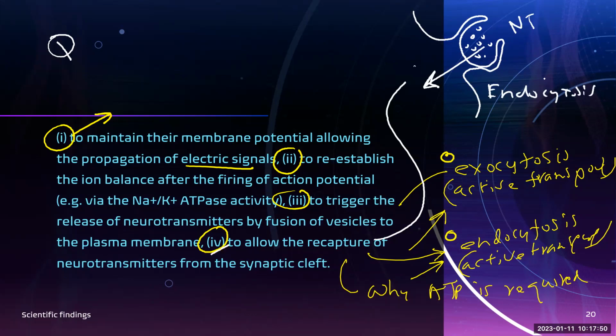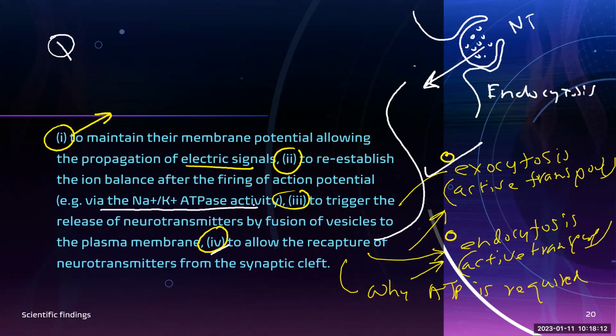So this one is endocytosis, and to trigger the release of neurotransmitter by fusion, we learned this is exocytosis. The first and second ones are given as sodium potassium ATPase activity.